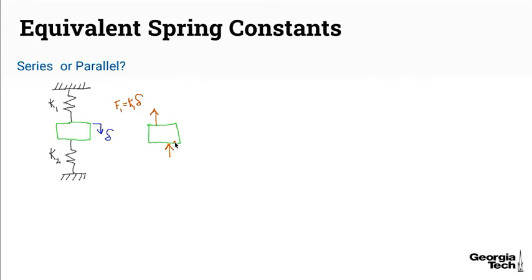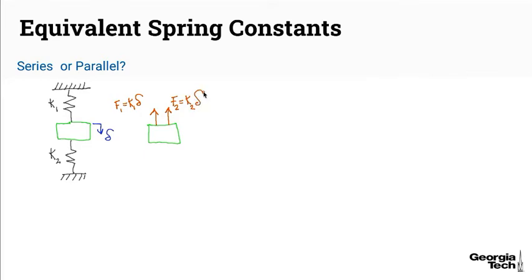But I want you to remember back to one of my earlier courses with rigid bodies. Let's say this block is a rigid body. By the principle of transmissibility, a push up is equivalent to a pull from the top. And so we could draw this other spring as being in tension at the top. F2 equals K2 delta.